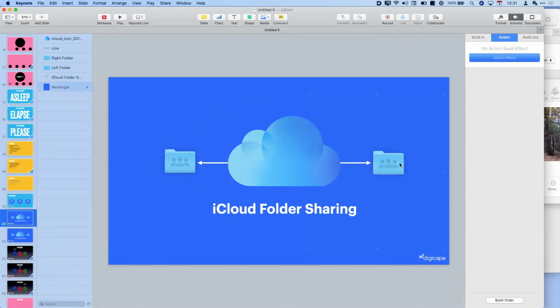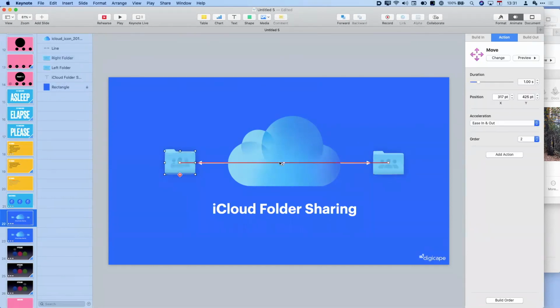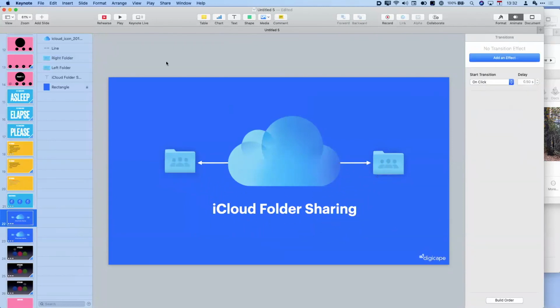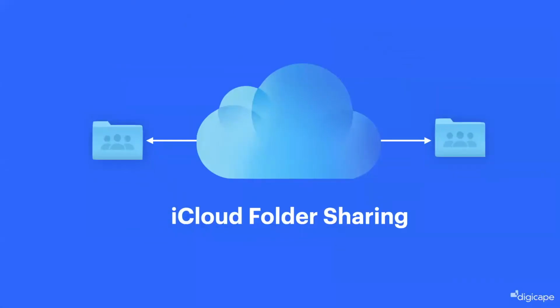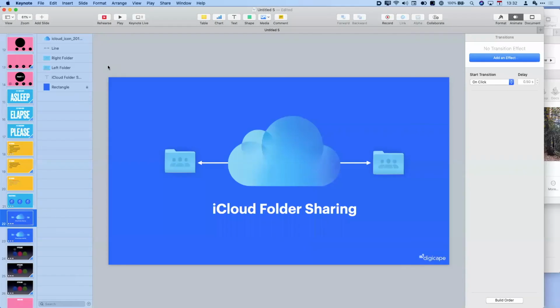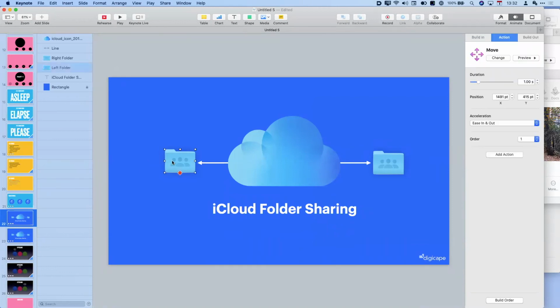If I click on this folder and do the same, now if I preview this and play it, it's starting to look a little bit more interesting. So using very simple tools, we can create some really nice animations. And when we do these, we can also create additional actions. I can build action after action after action, and I can build an entire story through this.